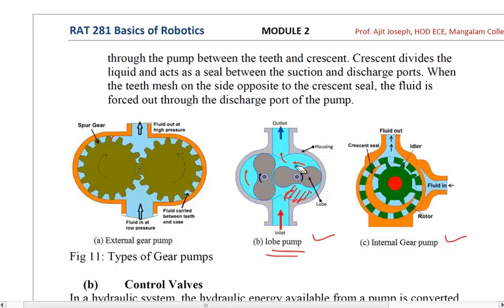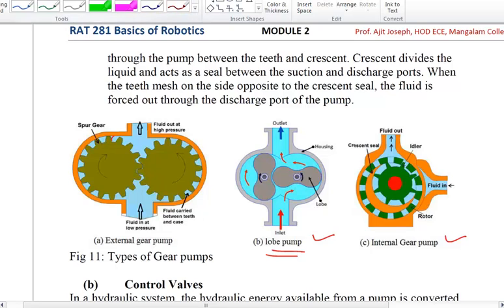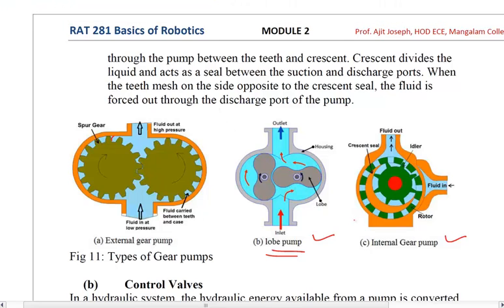The arrow mark shows exactly where the oil is getting pushed through. In a way, it looks like the spur gear, but this has more volume displacement, the lobe pump. So this first one is called the external gear pump, and then the lobe pump.